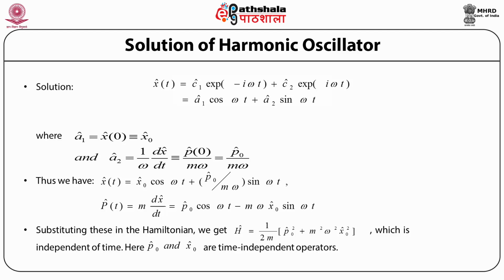frequency, and this can be written as operator a_1 cos of omega t plus operator a_2 sine of omega t, where operator a_1 is equal to operator x at time t equal to 0, which is equal to operator x naught, and operator a_2 is equal to 1 upon omega times the differentiation of operator x with respect to time, and this is equivalent to operator p at time t equal to 0 upon m omega, and this is equal to operator p naught upon m omega.